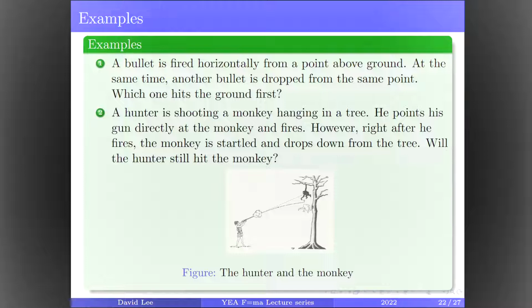But since the monkey did drop, the amount that the bullet falls is exactly the same distance that the monkey falls, because they've been falling for the same time. So that means that the monkey will end up where the bullet will end up, and so the hunter will still hit the monkey. All right.